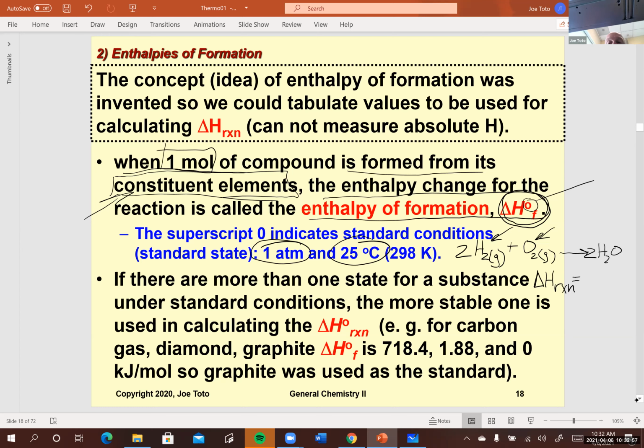The answer is no, it doesn't. Why? Because the definition is for 1 mole, and this reaction has 2 moles. So the delta H of this reaction actually equals 2 times the delta H of formation of water.